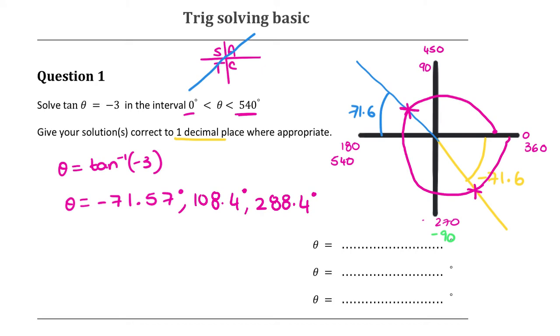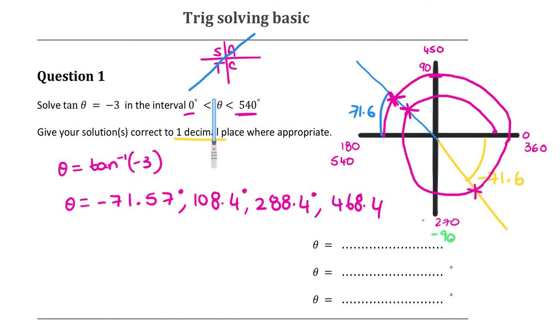When I get to here, it means I get to the 360 line. Do I stop there? No, because my interval told us not to. Technically now, when I cross this line, I'm at 450. When I intersect again here, this is going to be 540 minus 71.6. So this then gives me 468.4. I then get to here and I stop. Why am I stopping here?